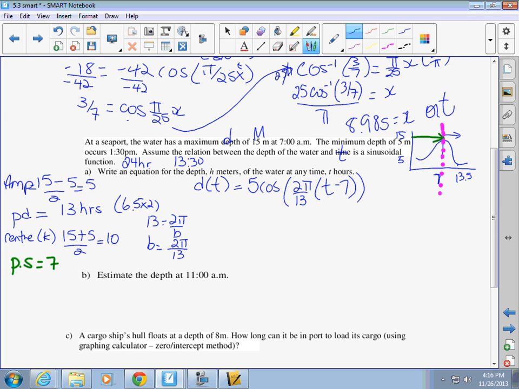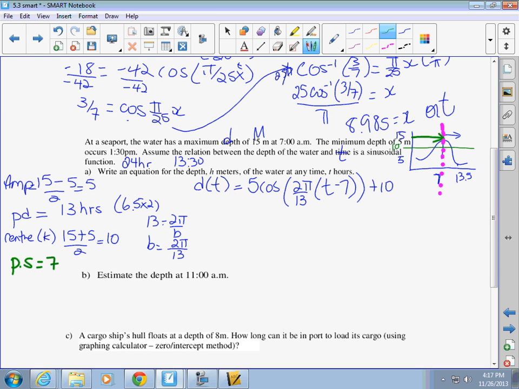And then our vertical displacement was up 10, so the vertical displacement right here would be at 10. So that's what your graph would look like, and then the function that would describe that graph. So d(t) is equal to 5 cos 2 pi over 13 times t minus 7, plus 10.